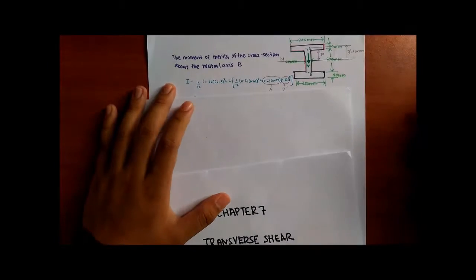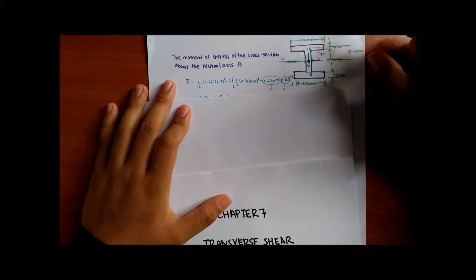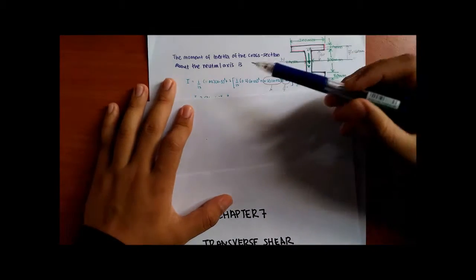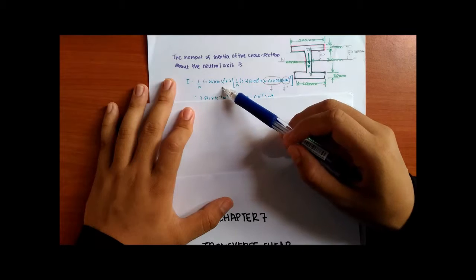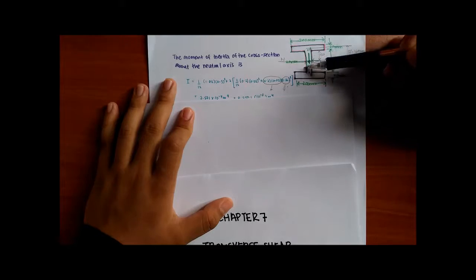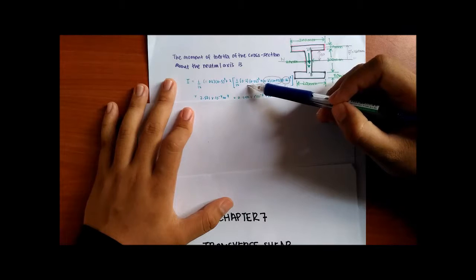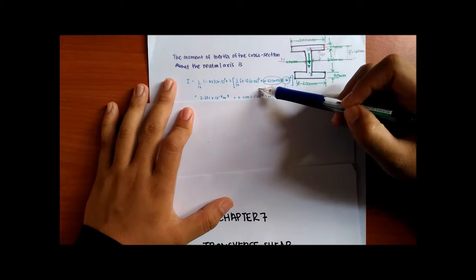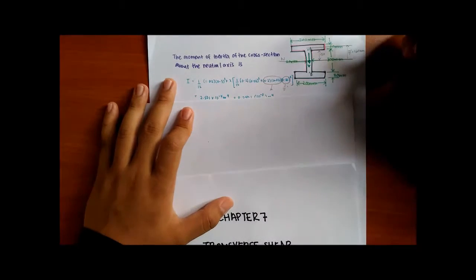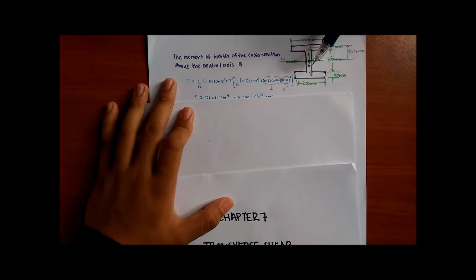It is indicated by I, and because this is a rectangle, we use 1/12 BH cubed for the I. For this element, we add 2 times 1/12 times 0.2 times 0.02 cubed plus area times Y bar squared. We multiply by 2 because we have two elements with the same dimension.